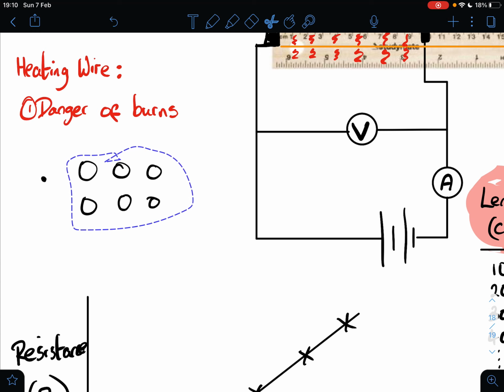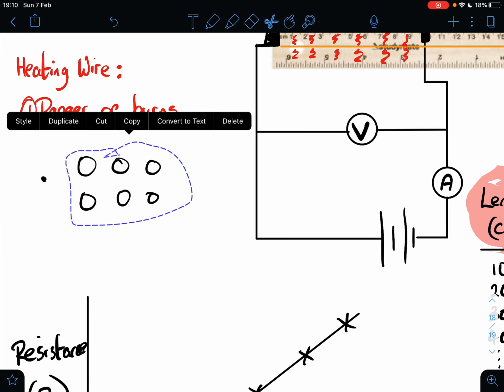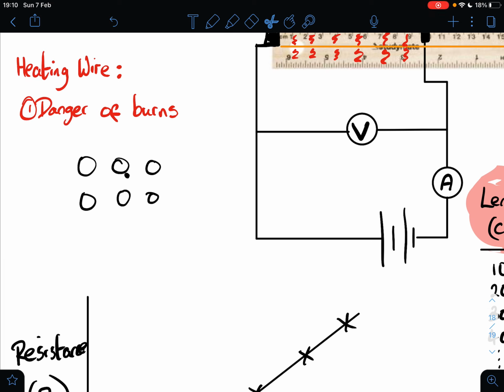So let me say that one more time. The atoms in the wire are vibrating all the time, even when they're at like 0 degrees, right? But just tiny little vibration. As more current flies through, bash, bash, bash, the atoms start to vibrate more and more and more. And so the wire gets hotter and hotter.